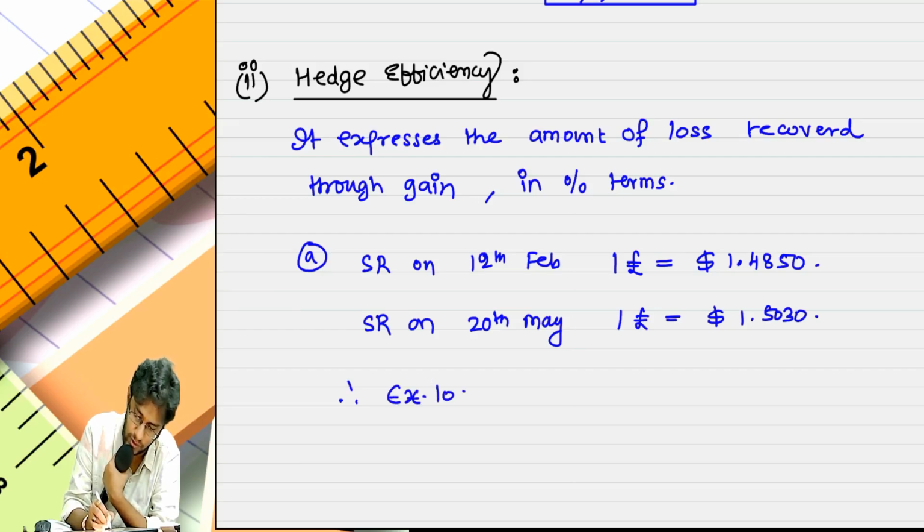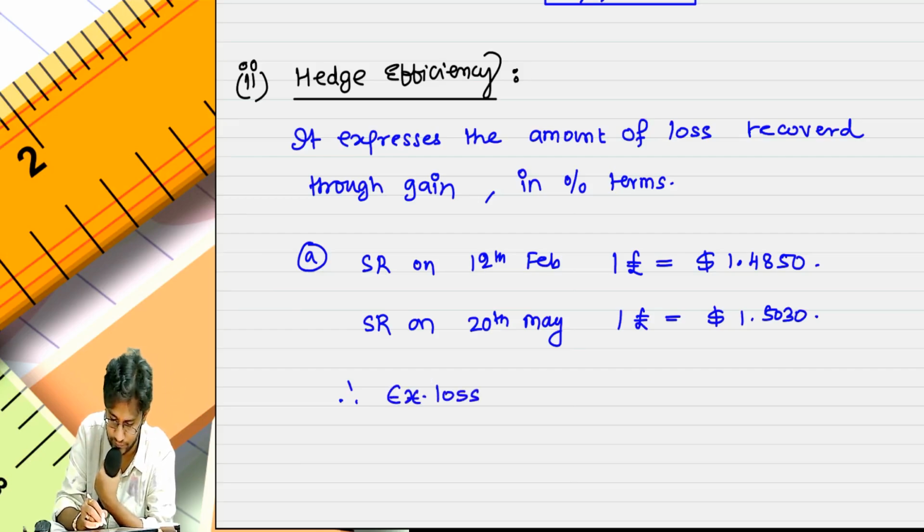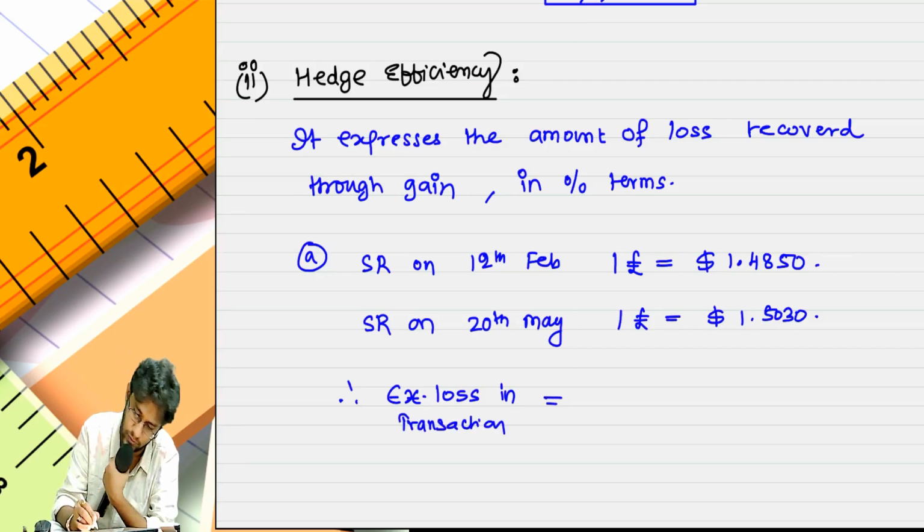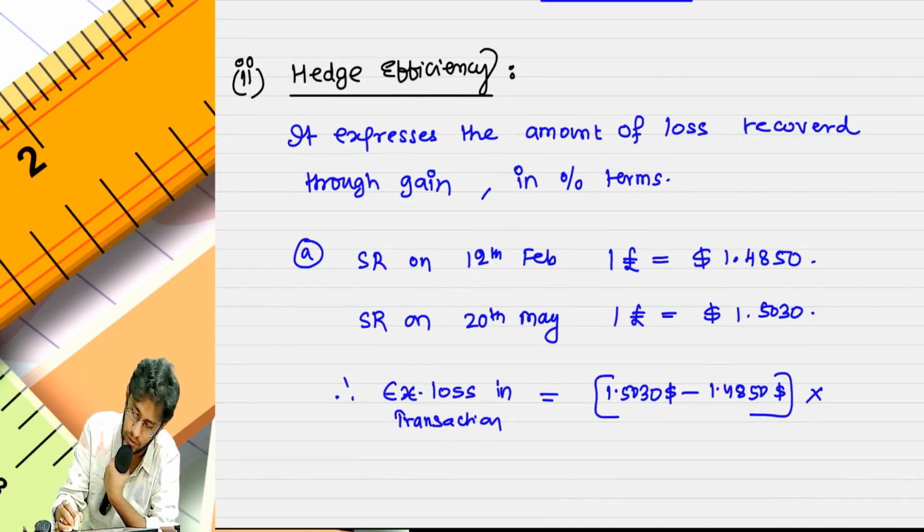Therefore, exchange loss in transaction, definitely exchange loss, is equal to $1.5030 minus $1.4850 into how much is it? 6,50,000 pounds.